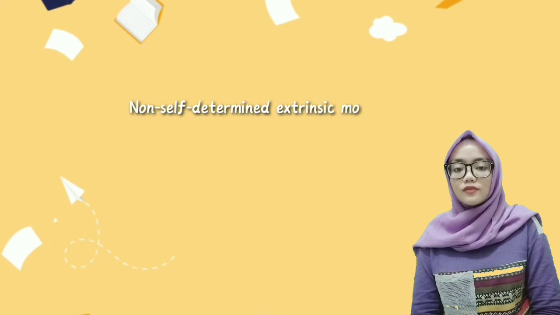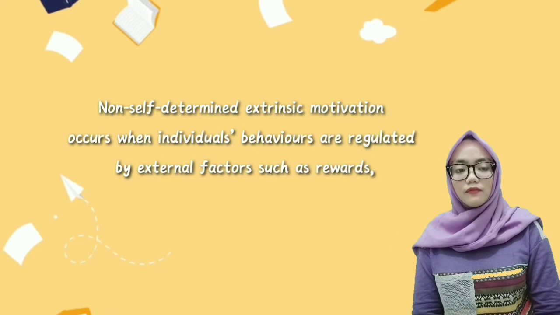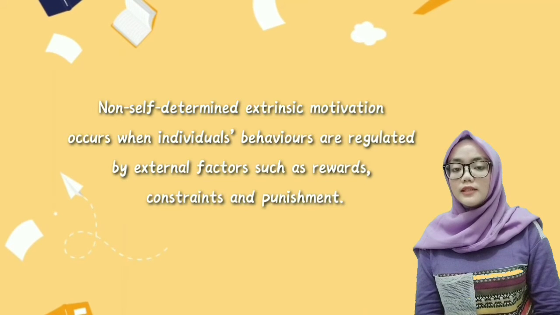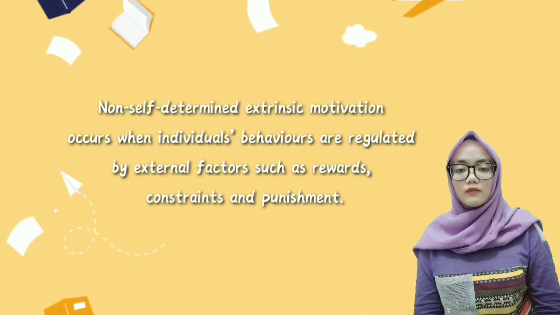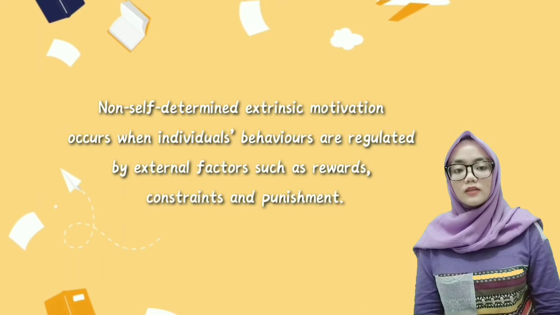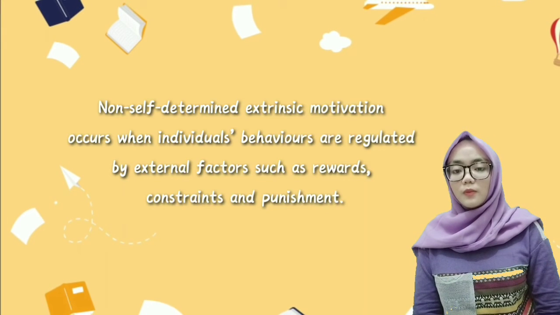Now let's move to non-self-determined extrinsic motivation, which occurs when the individual's behavior is regulated by external factors such as rewards, constraints, and punishment. This type of motivation is extrinsic because the reason individuals participate in the activity lies outside the activity itself, for example, family pressure.